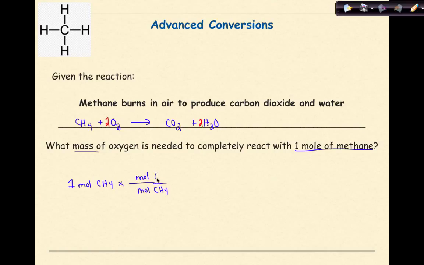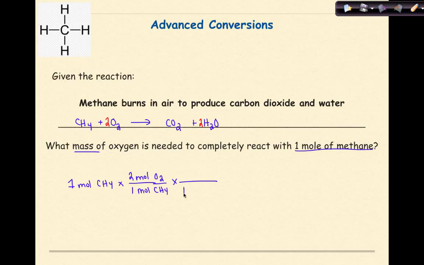So we're starting out actually with a mole to mole problem. So moles of methane on the bottom, moles of oxygen. I look at my coefficients. There's a 2 in front of the O2. There's an assumed 1 in front of the methane, so I'm going to put a 1 there. Multiplication sign and a line because I'm in moles of O2, but I don't want to stay in moles of O2. I want to get to mass of oxygen.